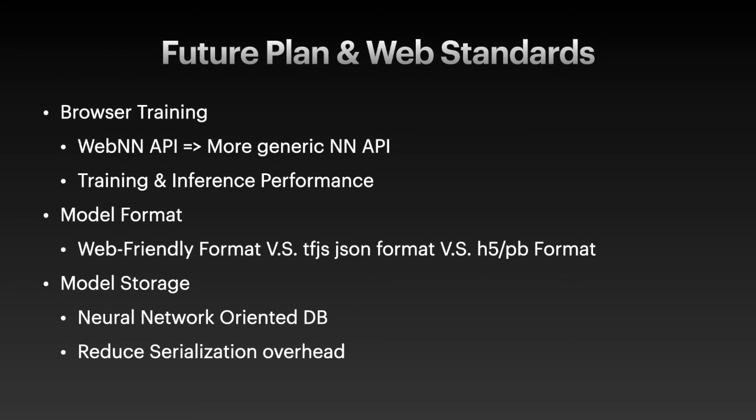If we can have a more generic WebNN API, the possibility of shifting some training to the browser gets larger. Another thing is the training and inference performance, which determines whether we can do browser training or browser inference at a business level.